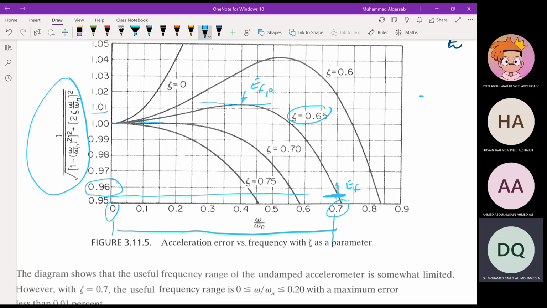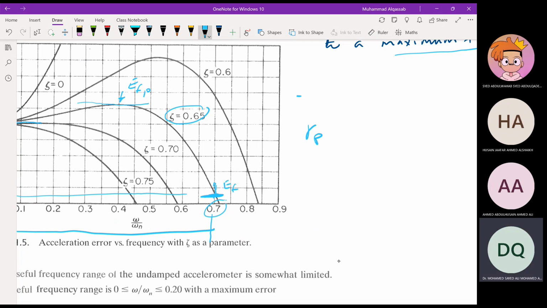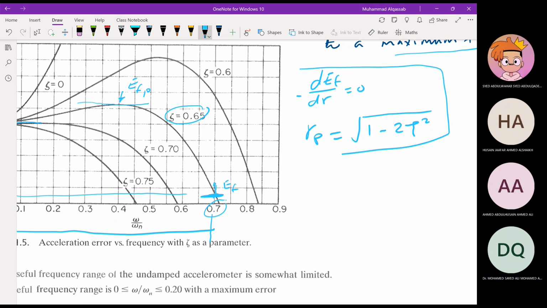Okay, you can calculate by substituting in the equation. The peak in this case occurs at a frequency ratio R = square root of 1 minus 2 zeta squared, which is obtained by differentiating the error factor with respect to R and making it equal to 0. This is in the formula sheet.